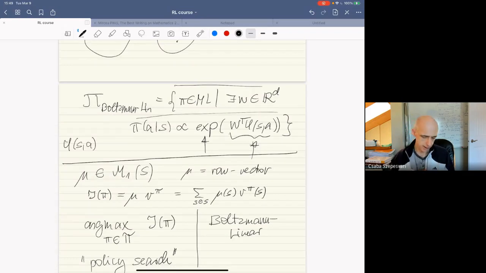So then this Boltzmann linear would be like, for every part in a partitioning, and state aggregation is a partitioning of the state space, you have to come up with a probability distribution. So for the first part, you need a probability distribution. For the second part, you need a probability distribution, and so forth. I of k is just a probability distribution over the actions.